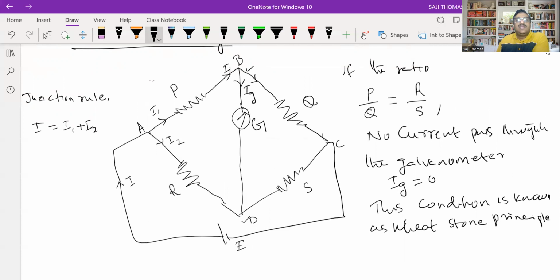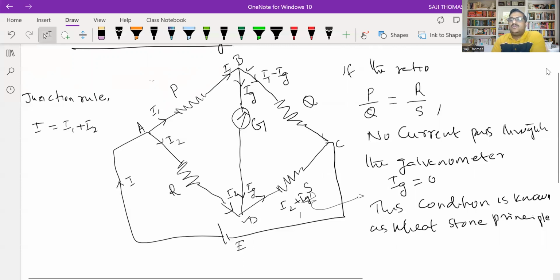Applying the junction rule, I1 minus Ig passes through the resistor Q. And you can see at the point D, Ig is meeting the current I2. So again, current through S will be I2 plus Ig. So we just applied the junction rule.